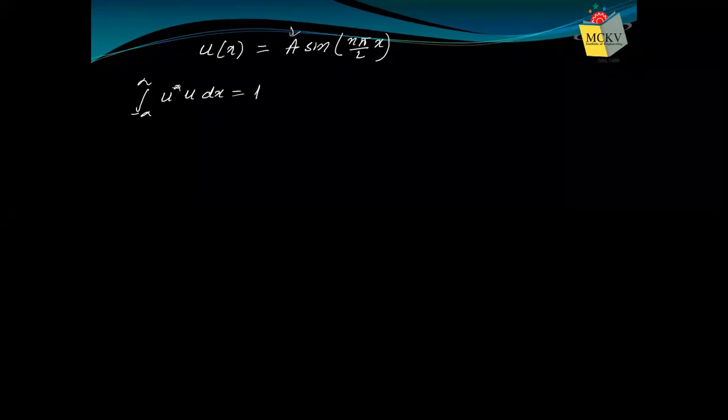If we integrate it over all space, then we get the total probability of finding the particle in all space, and we know the particle must be found within this all space, within this universe. Therefore, it is 1. Now we'll use it for our case. So in our case, psi star is A sin n pi x by L, because there is no imaginary quantity here. Therefore, psi and psi star are same here.